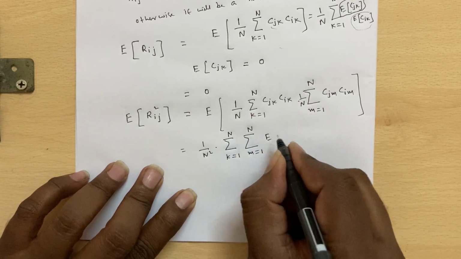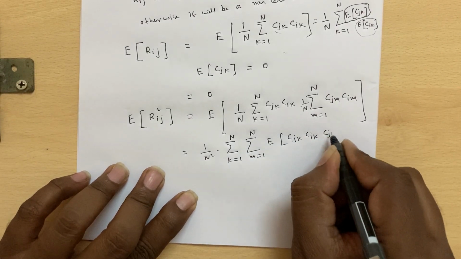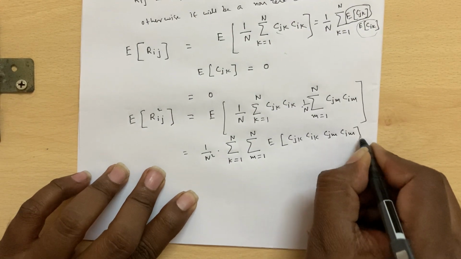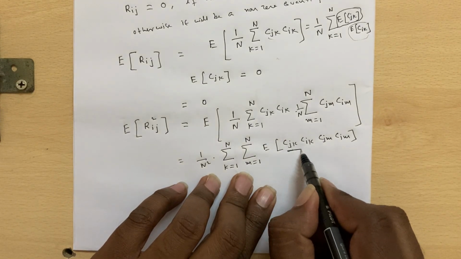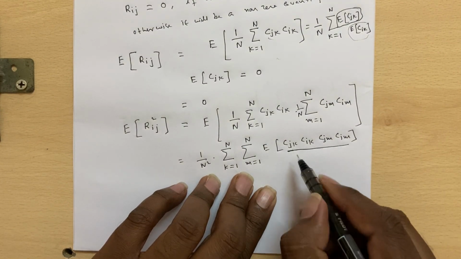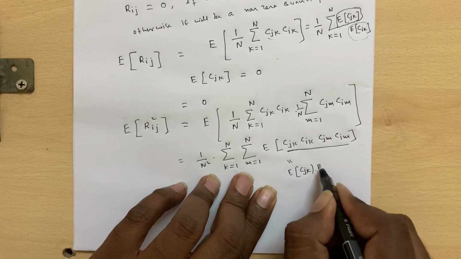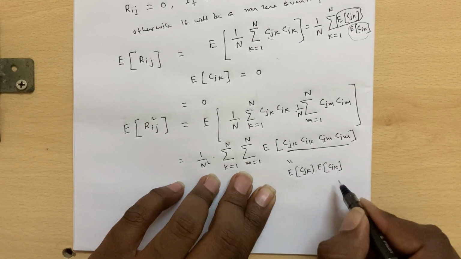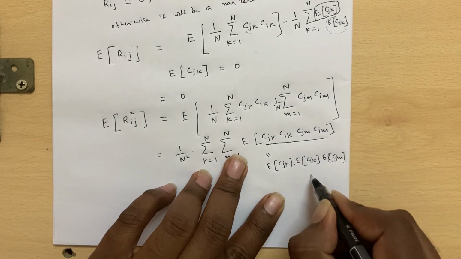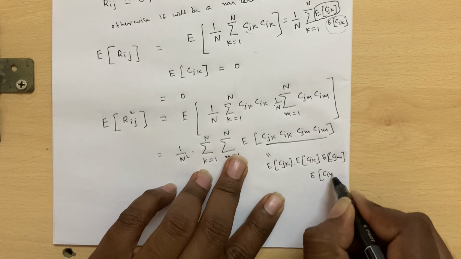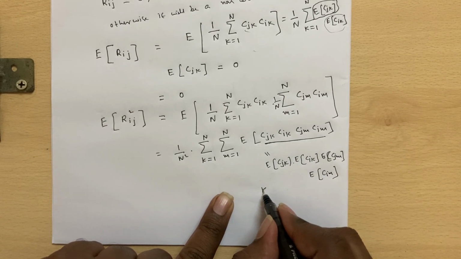So the expected value of the multiplication of the chips, since they are at least uncorrelated, we can take as expectation of Cjk into expectation of Cik into expectation of Cjm into expectation of Cim, for all k not equal to m.